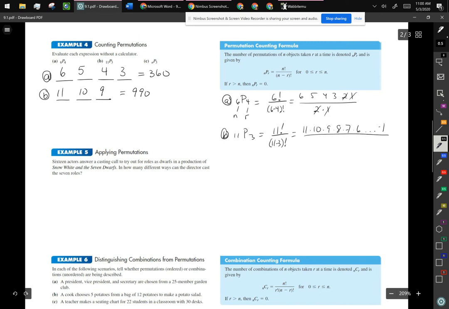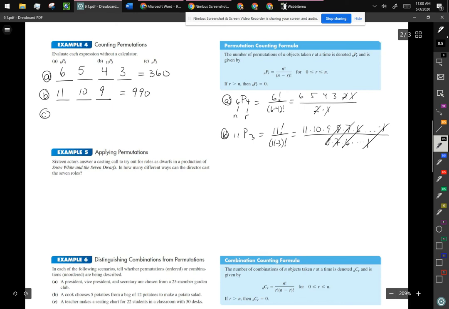And 11 minus 3 is 8 factorial, so that'd be 8 times 7 times 6 all the way down to 1. As you can see, I'm canceling out all those spots that I didn't want, because I wasn't taking the numbers for those. So you'd end up with 11 times 10 times 9, which is what we have.